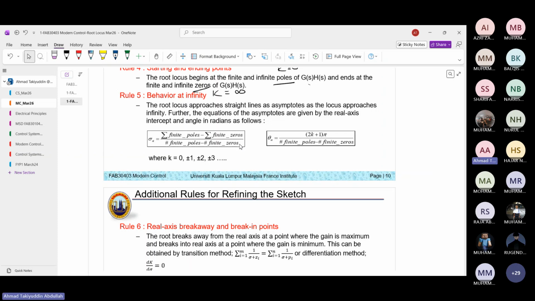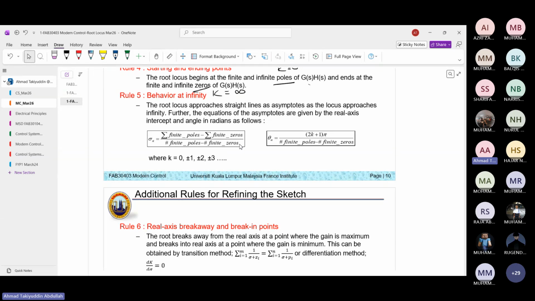So the sigma A will be the value under the consideration of the summation of finite poles minus the summation of finite zeros over the number of finite poles minus the number of finite zeros.